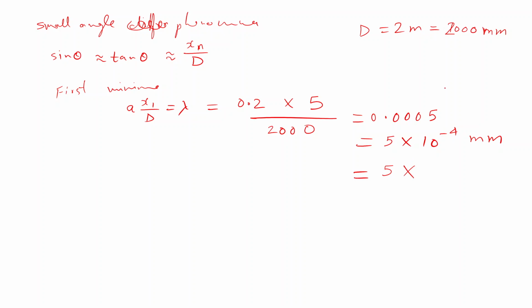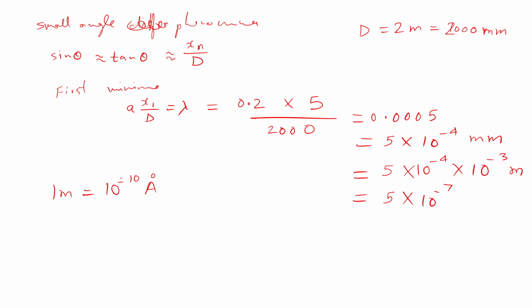So this will be times 10 to the power minus 3 meters. And 1 meter is 10 to the power 10 angstrom.